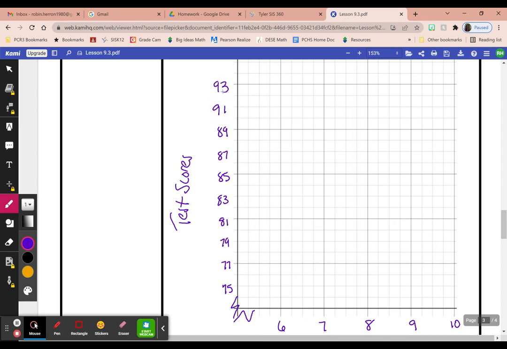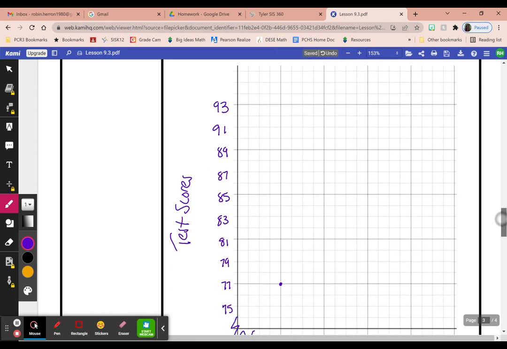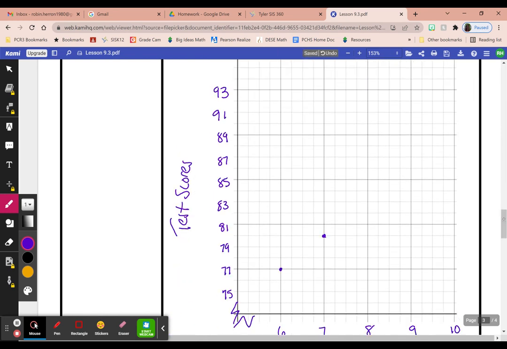Okay, then I'm going to plot my points. So 6 is 77. So over 6, up 77. Then I've got 7 at 80, which is here. And I've got 7 again at 83.